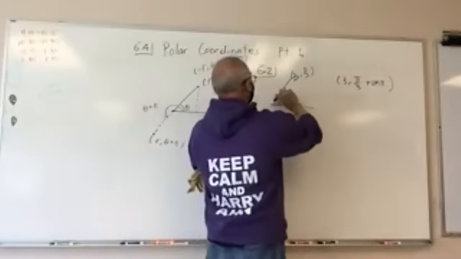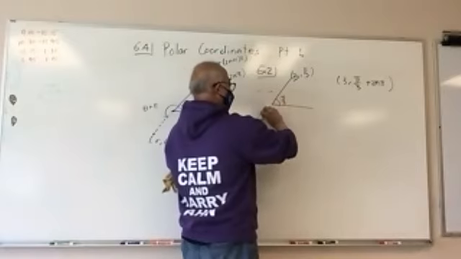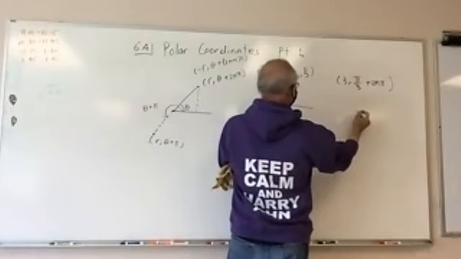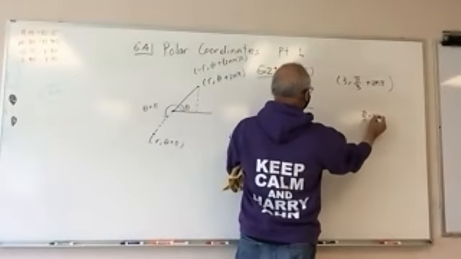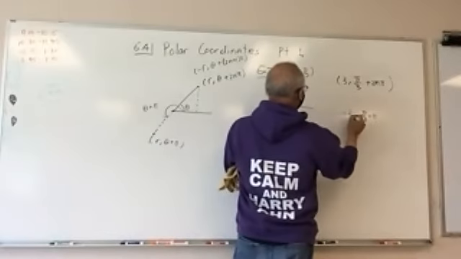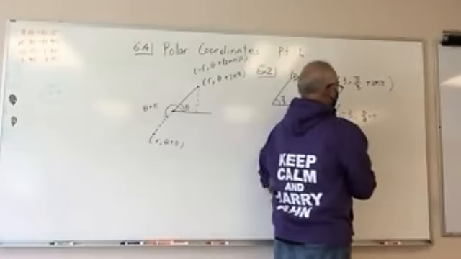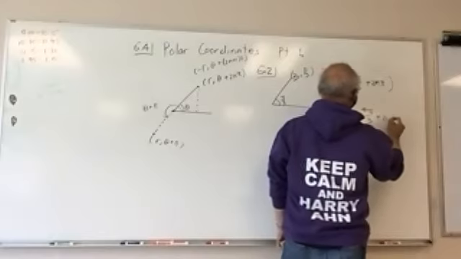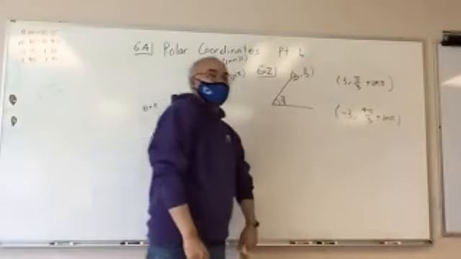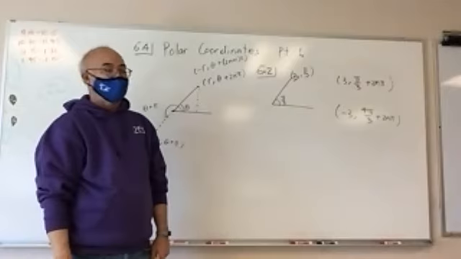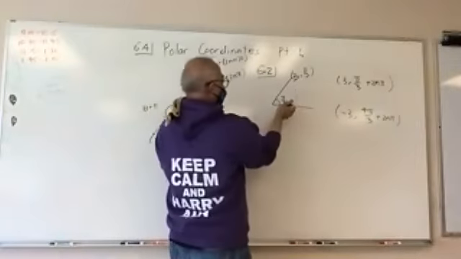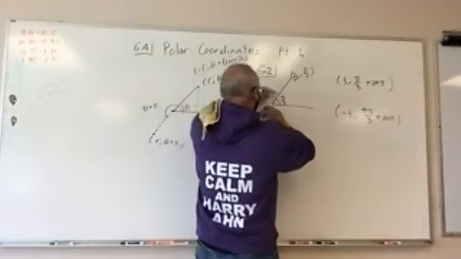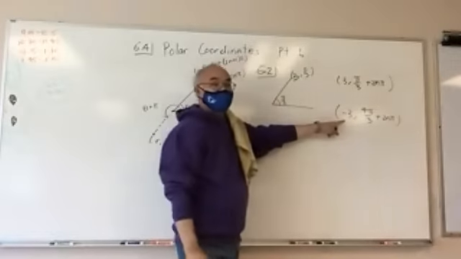Or I can go from here another 180 degrees over here, and then go backwards, right? So that would have been pi over 3 plus pi, and it would have been negative 3. So this would be 4 pi over 3, I guess, plus 2 and pi, right? So on this one, I went from here, pi over 3, another pi to go over here. Then I went negative over here, negative 3, right?